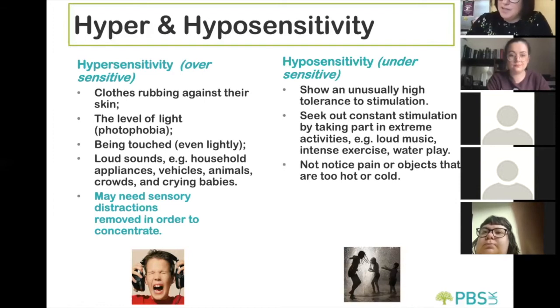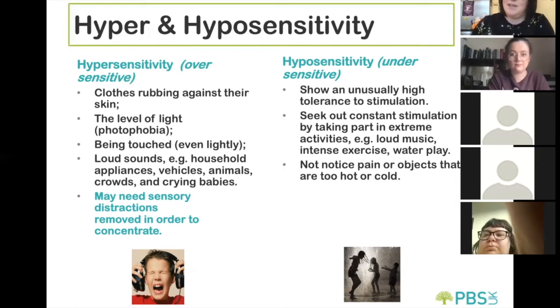So hyposensitivity is the opposite side of the coin. These are the people who are undersensitive to certain forms of sensory stimulation. So they might show an unusually high tolerance to stimulation. And you generally find the difference between these two is that if someone's oversensitive to something, they try to escape or avoid it. If they're undersensitive, they're sensory seekers.